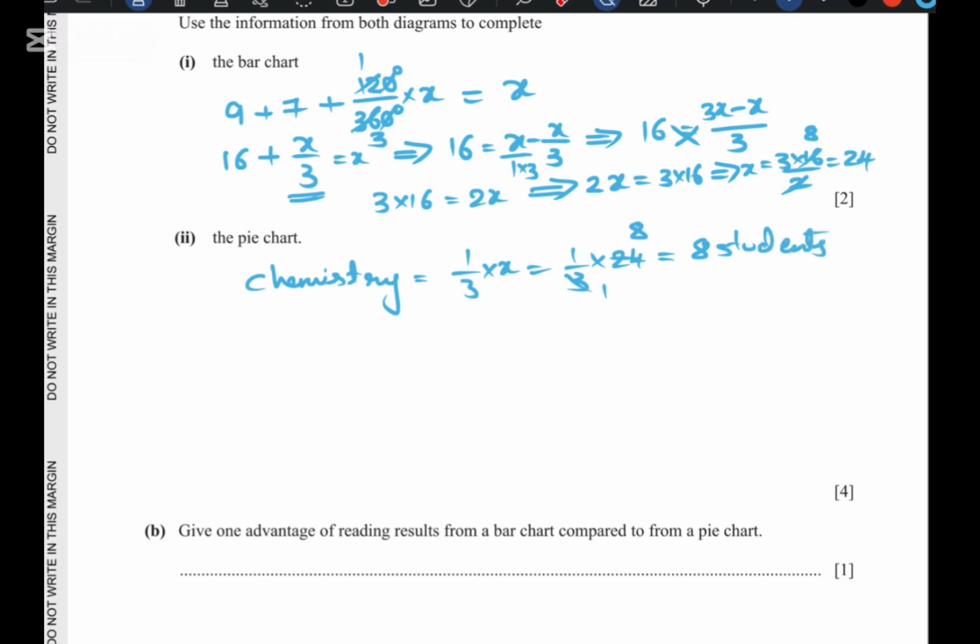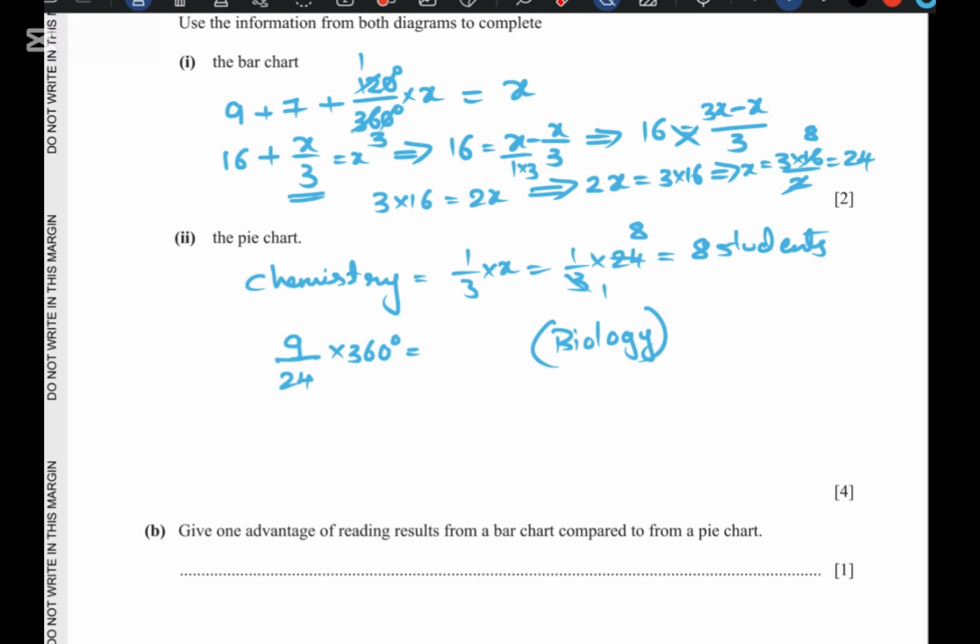This we got. Now for the pie chart, you have to find the angle. The number of students who preferred biology is 9. So 9 by the total number of students, which is 24, multiplied with 360, you will get the angle for biology.